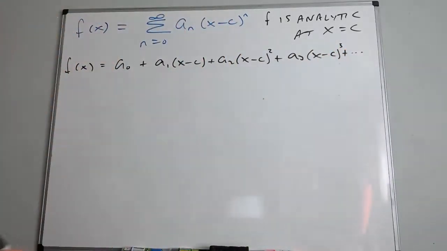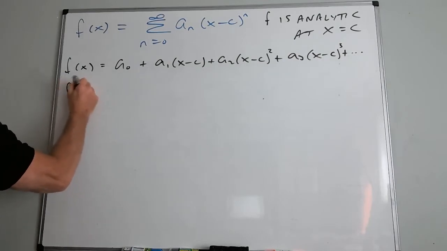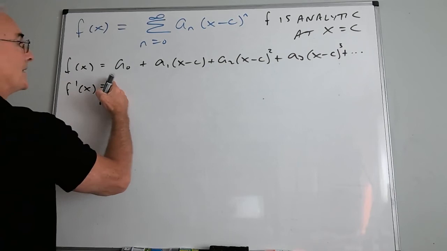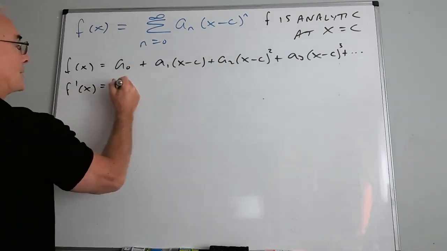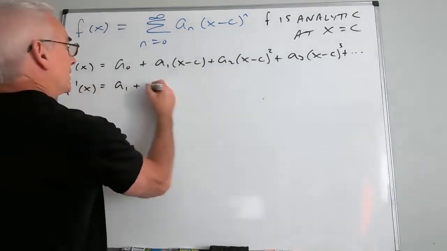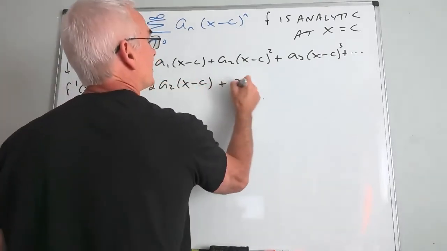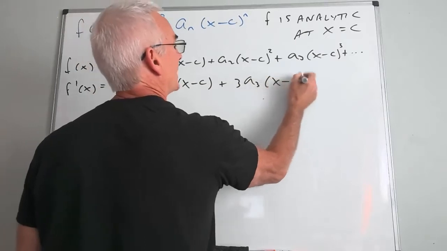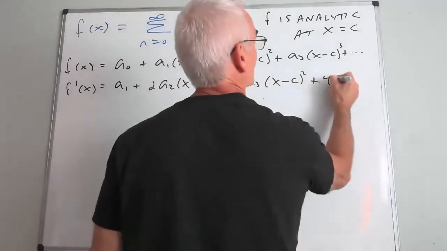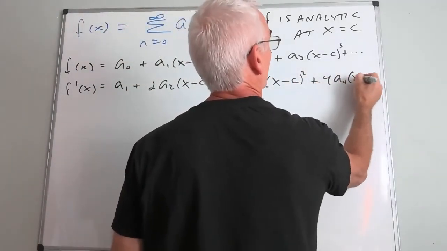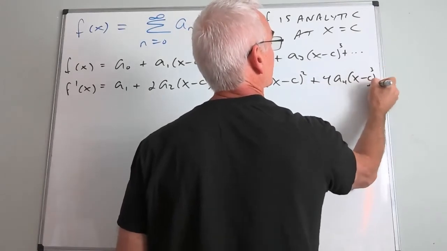Now let's write a few derivatives. f prime of x equals what? Well, that would be gone, and now I would have a1 plus 2a2 (x minus c) to the first plus 3a3 (x minus c) to the second. And then the next one would clearly be plus 4a4 (x minus c) to the third, plus forever and ever.